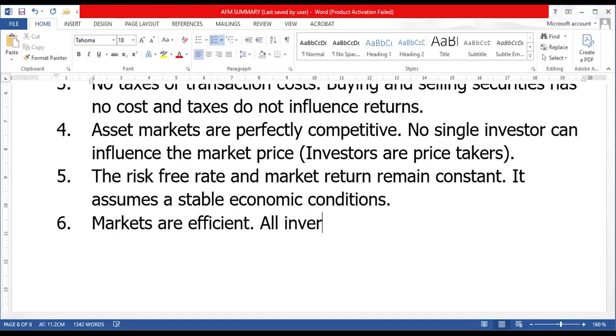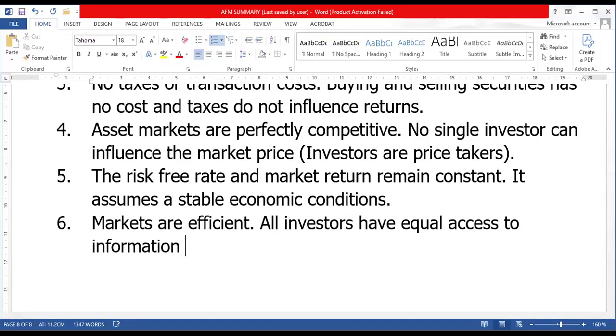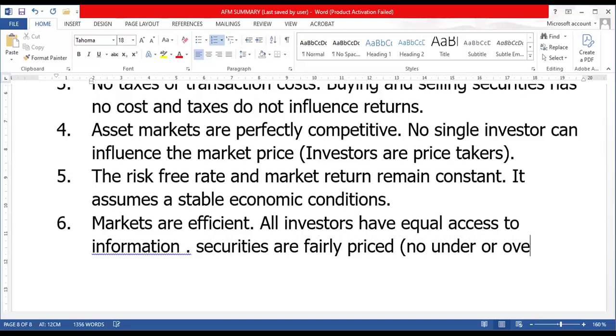All investors have equal access to information. In short, we are saying that securities are fairly priced. There is no under or overvaluation.